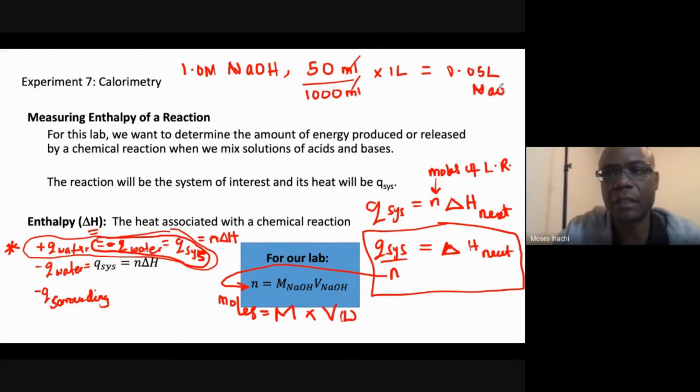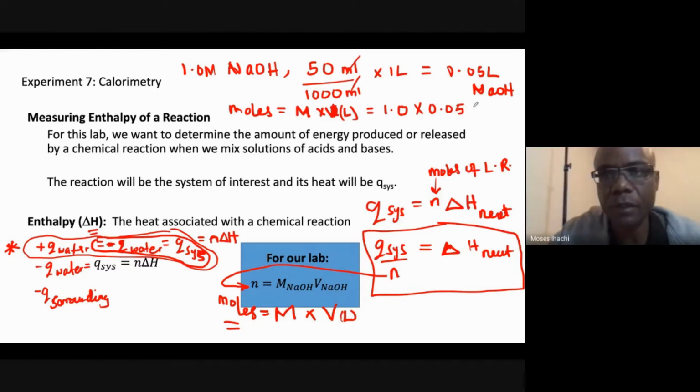So now that we have the two values that we need, moles equals molarity times volume, all we need to do is plug in the numbers. Moles equals M times V, and V must be in liters. Our molarity is 1.0, our volume is 0.05 liters.